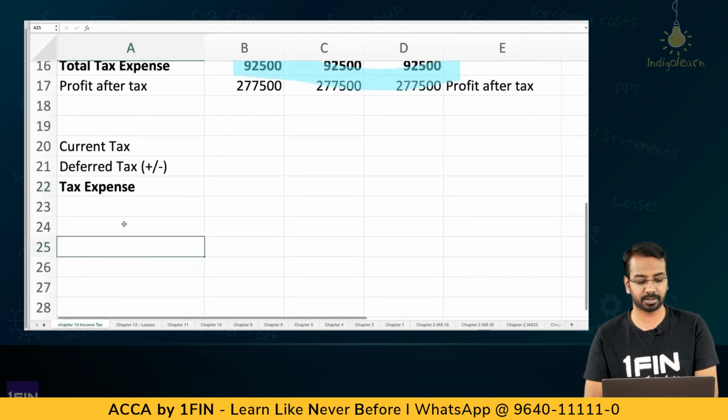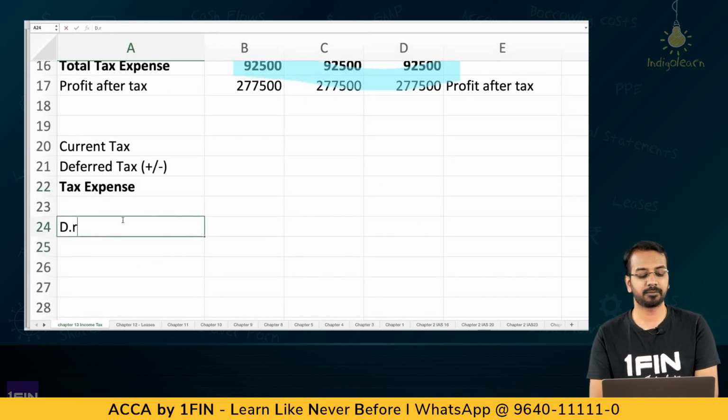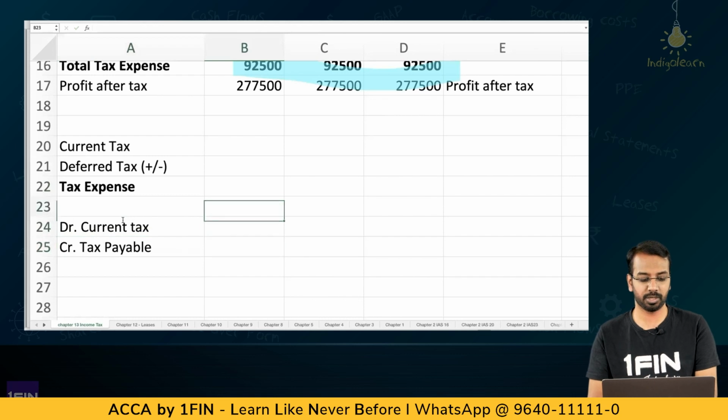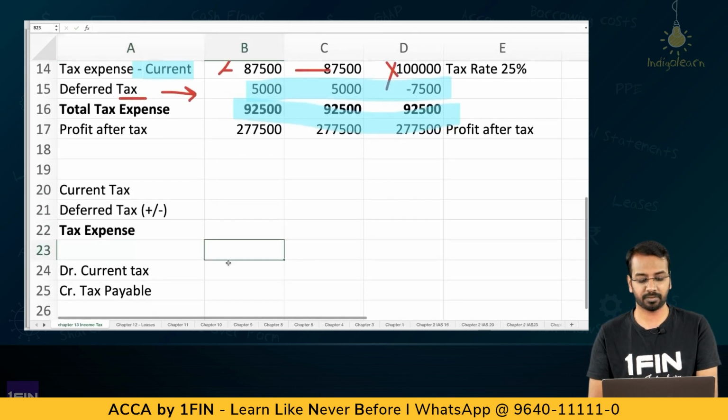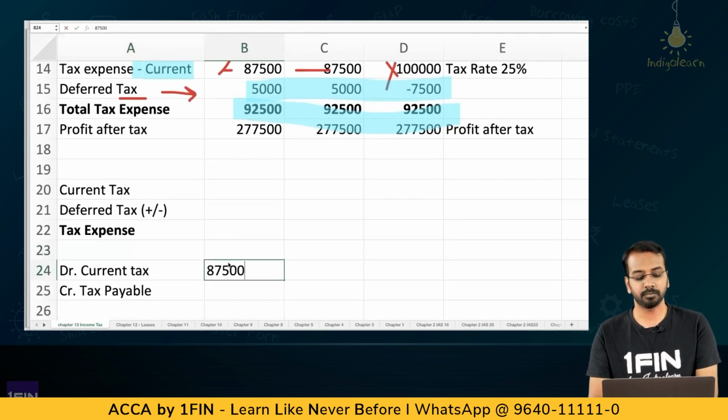Now how should we pass the entry? For current tax, credit tax payable. So here in this case first year 87,500, tax payable 87,500 because that is what you will pay.